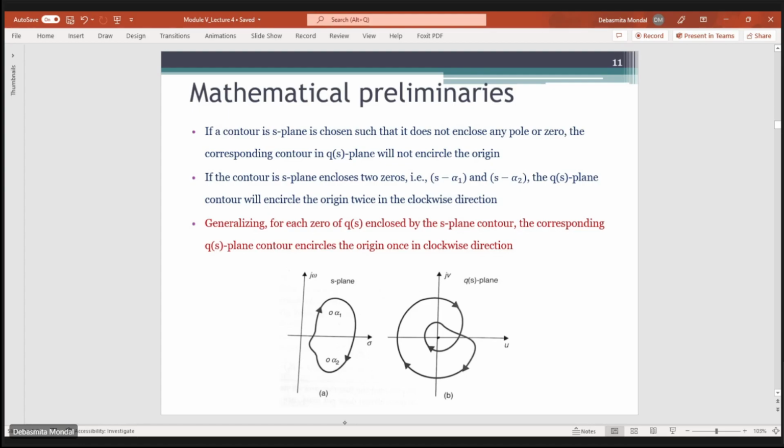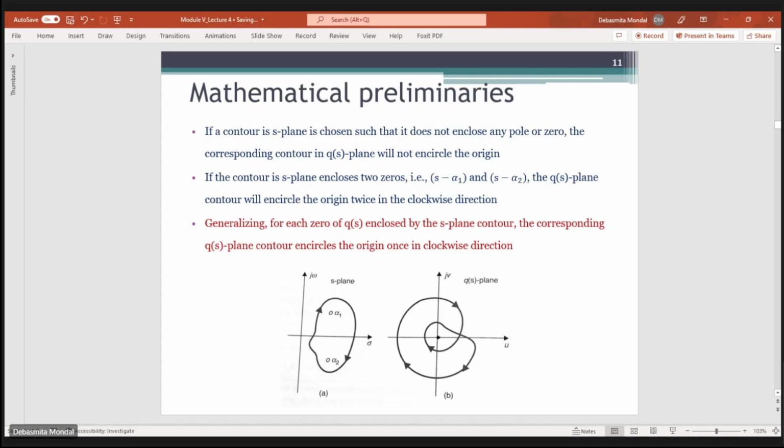If you have two zeros enclosed by this S plane contour, the encirclement of the origin in the QS plane contour will be 2 times. So this was about the zeros of the function QS that are enclosed by the S plane contour.